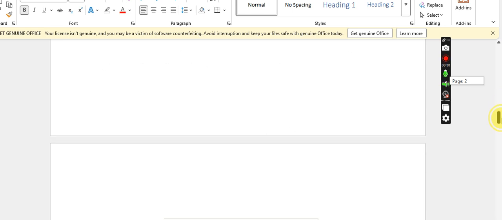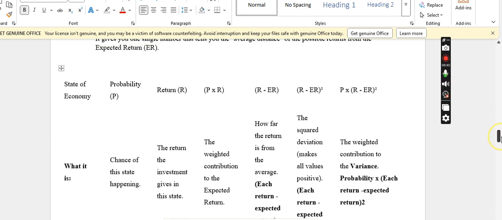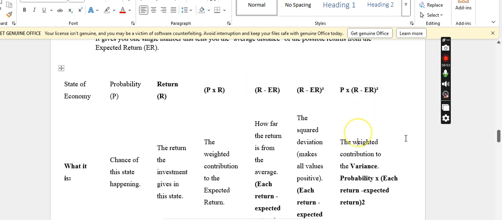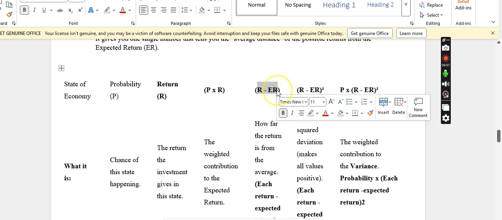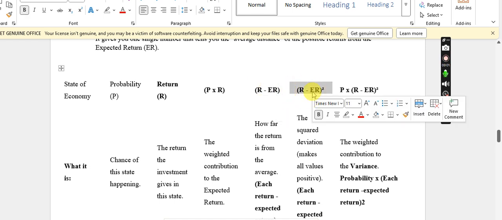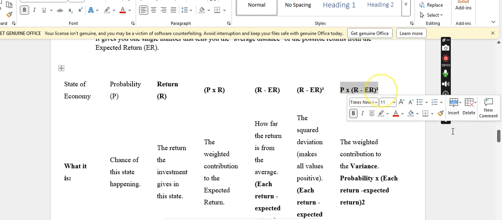That was the expected return equation, madam. As you can see, first you subtract each return by the expected return, then you square the value, then multiply it by the probability.